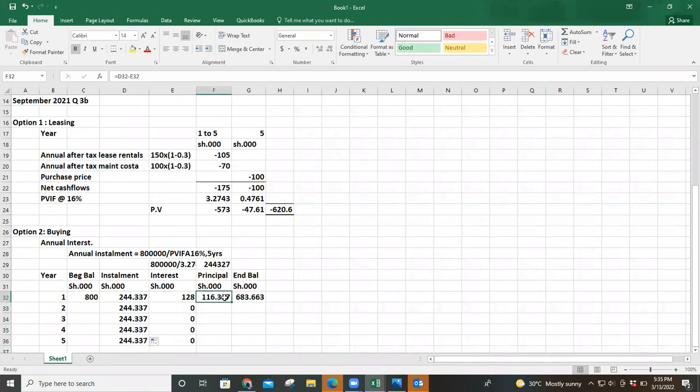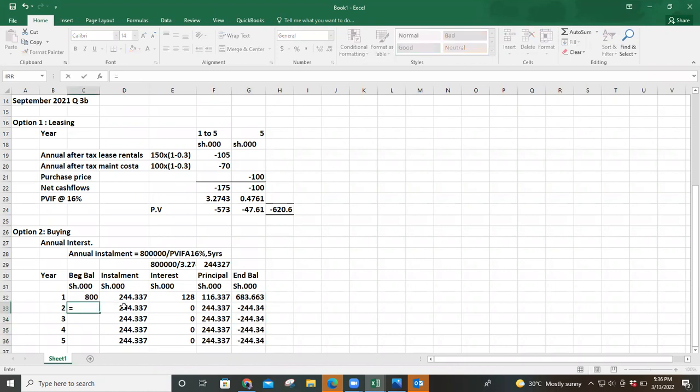The principal formula will apply in all aspects. And of course, the end balance formula will also apply in all aspects: beginning balance minus the principal. The balance at the end of year 1 starts our year 2.